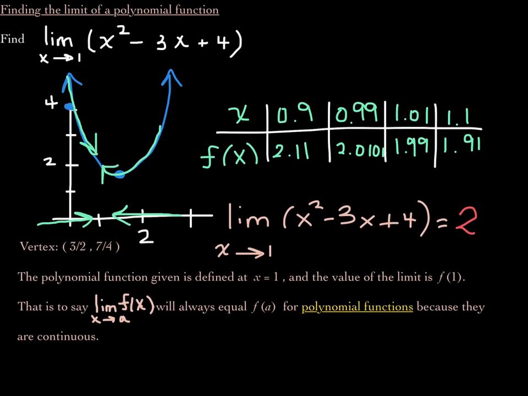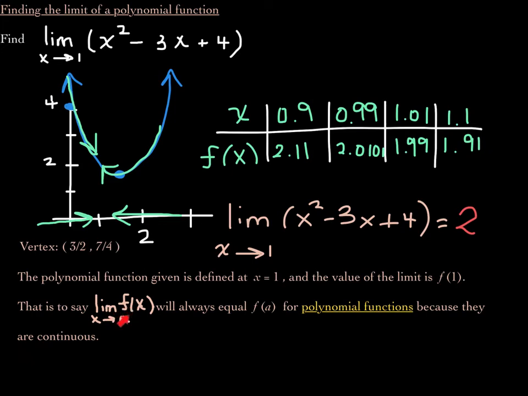Here we go. The polynomial function given in this example is defined at x equal to 1. And the value of the limit happened to be f of 1. If we had just plugged 1 into the function, we would have gotten the limit, because 1 squared minus 3 times 1 plus 4 is 2. That is to say, the limit of f of x as x approaches a will always equal f of a. Make sure you understand that, folks, that you can find a limit by just plugging a into your function.